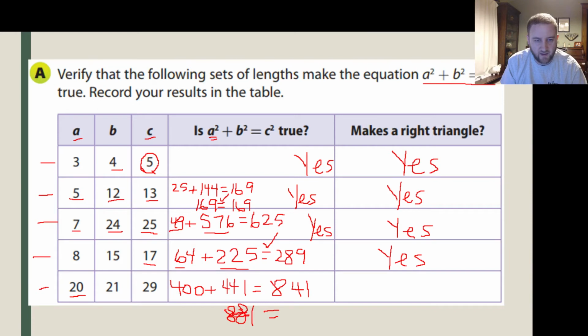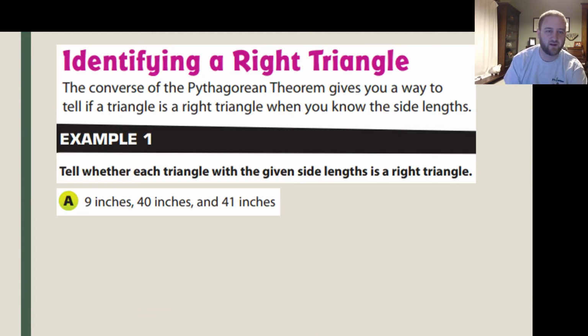Sorry, not 881, 841. Let me erase this real quick. 841 equals 841. We get another true statement. So yes, this is a right triangle. So by doing all this work, we found out that every single one of these trios of sides all equal a right triangle. If any of these were a false statement, that means that they do not form a right triangle. Okay, and we'll see an example of that here in a second.